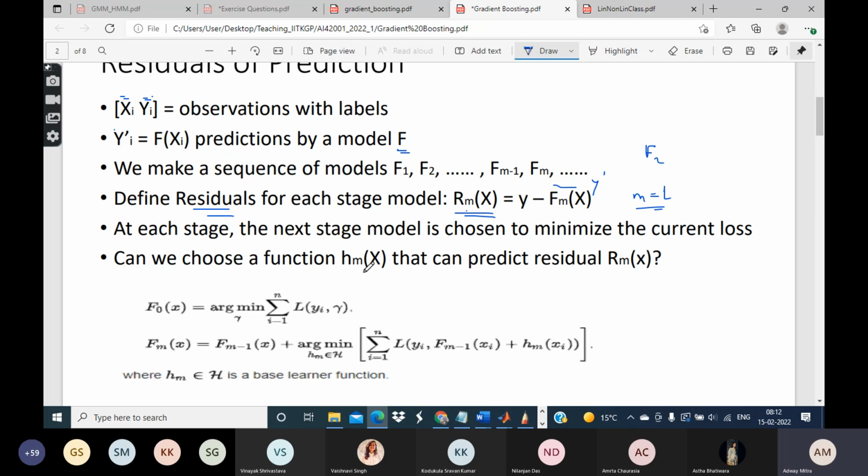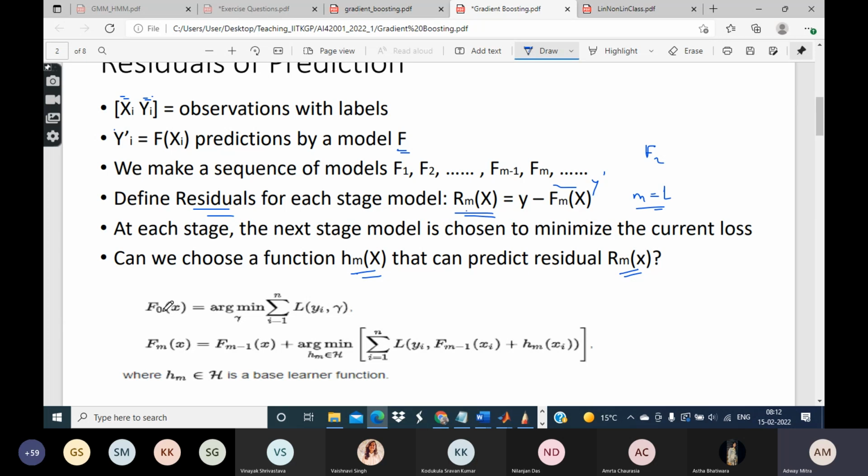Let us call that function hm, which can actually predict the residual Rm. Now, let us try to write it in formal language.